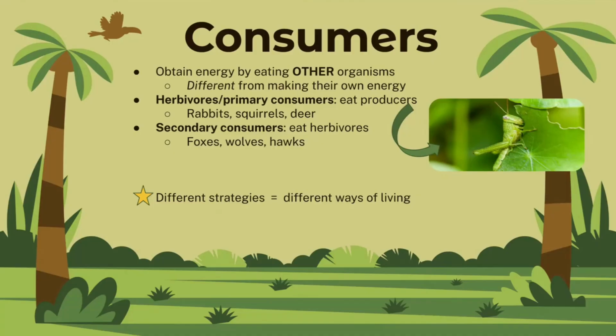However, we're consumers. We eat other organisms to get energy, so we have to constantly run around, find different resources. Obviously, humans hack the system, but if you think about a wolf, it's always on the hunt, so it basically has a mobile life instead of a producer that just stays in place.